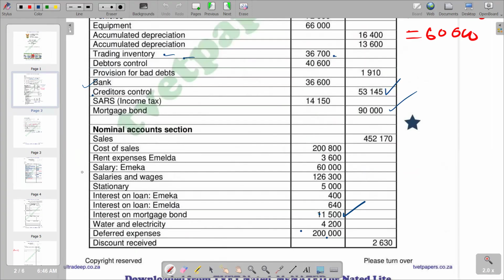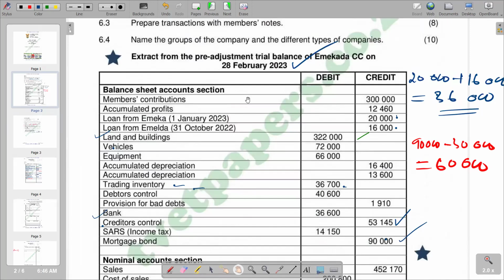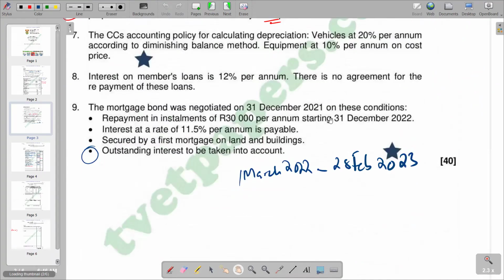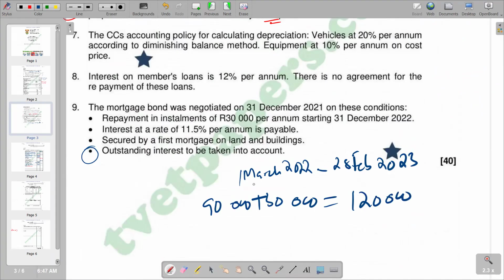The assumption is that this balance of 90,000 is the balance at the end, which is 2023. So on 31 December 2022, it was 90,000 plus 10,000 that was repaid, which gets you 120,000. So for the first period, from 1 March 2022 to 31 December 2022, it was 120,000. And for the remaining 2 months, January and February 2023, it was now 90,000.